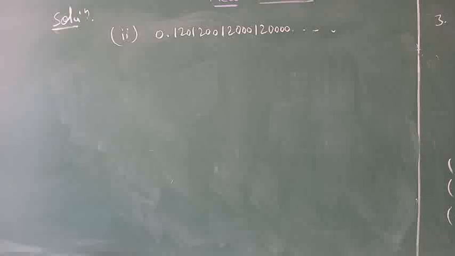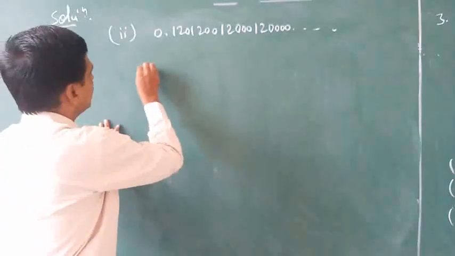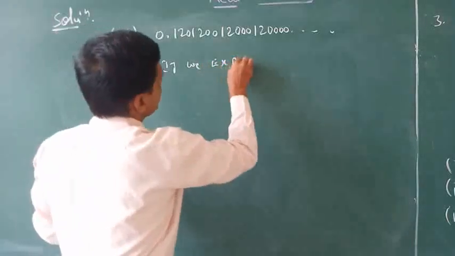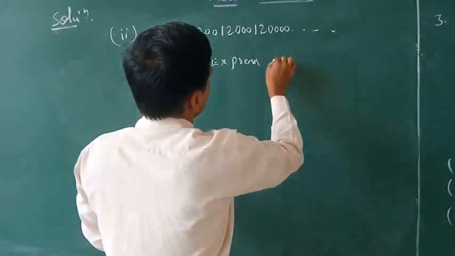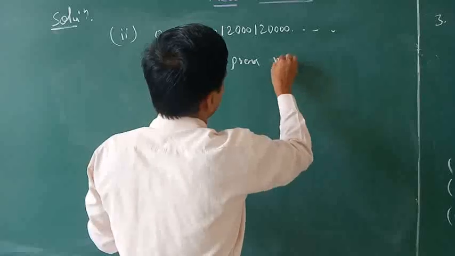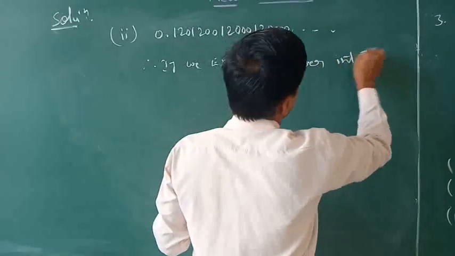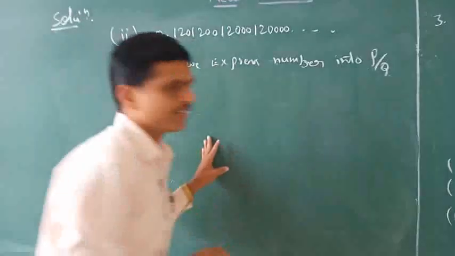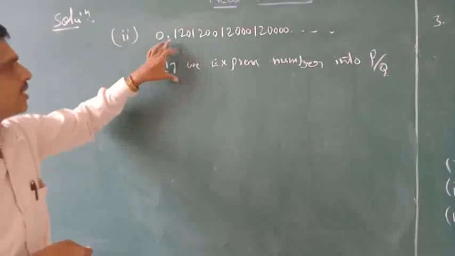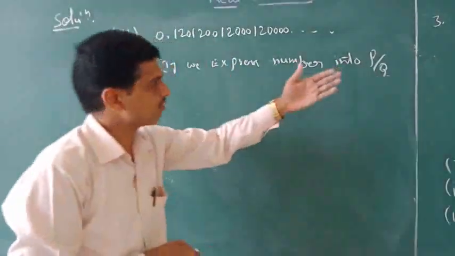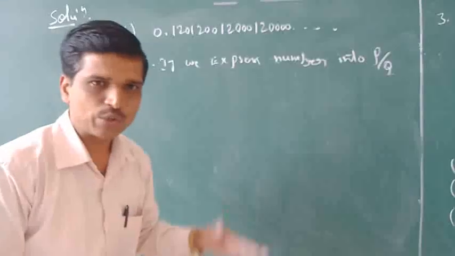Yes, therefore if we express the given number into p by q, it shows that q is not of the form 2 to the power of n and 5 to the power of m.